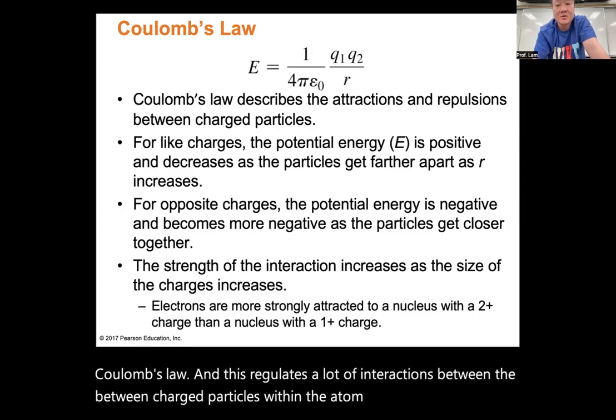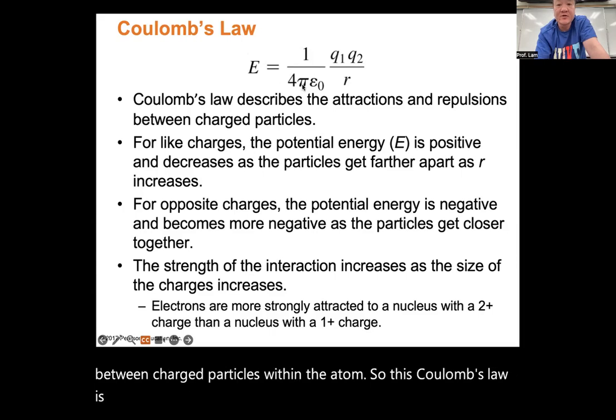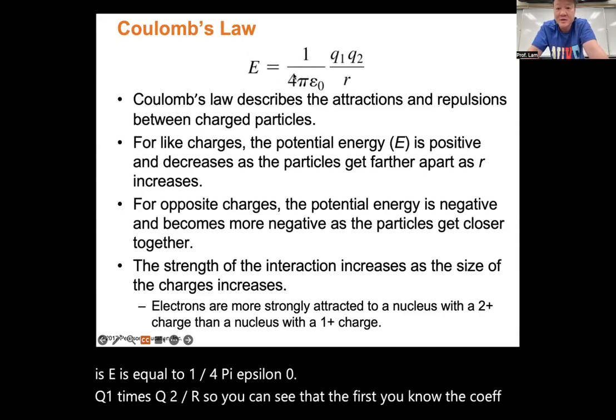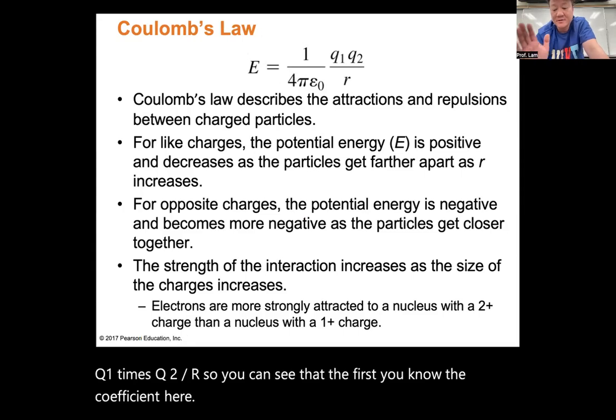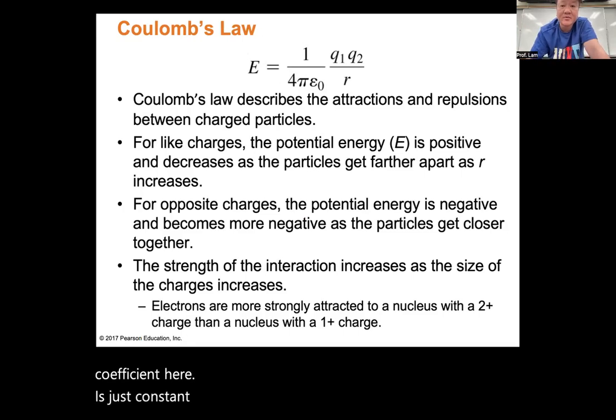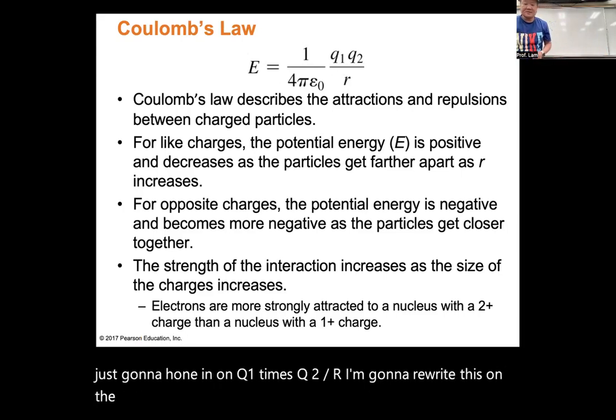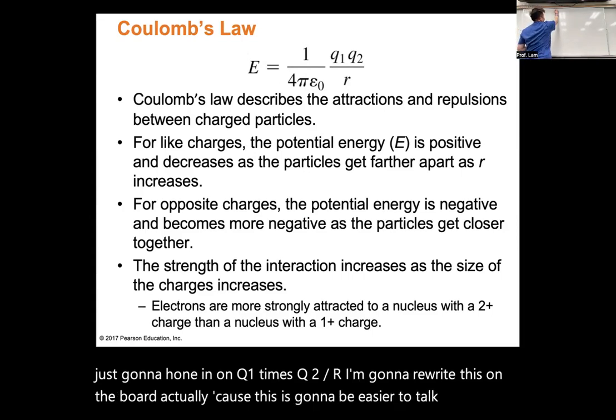So this Coulomb's law is E is equal to 1 over 4 pi epsilon 0, Q1 times Q2 over R. So you can see that the coefficient here is just constant, right? So ignore it, don't worry about it. We are just going to hone in on Q1 times Q2 over R. I'm going to rewrite this on the board actually, because this is going to be easier to talk about on the board.